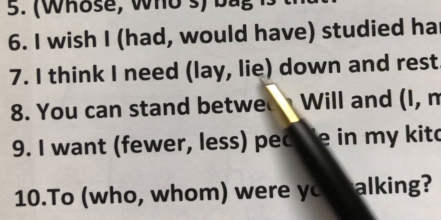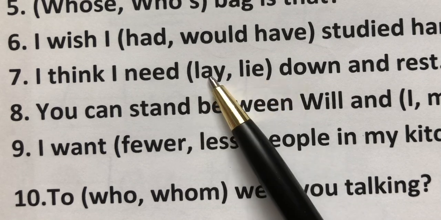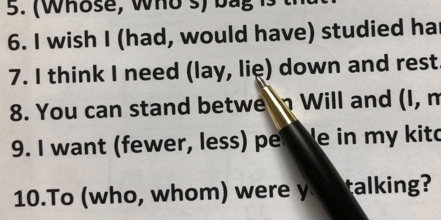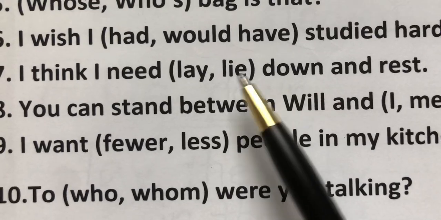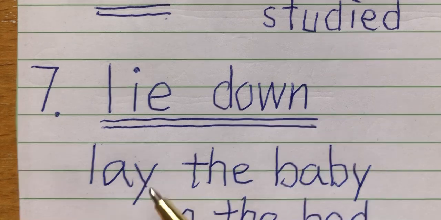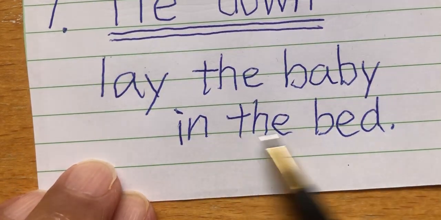You use lie, not lay, because they have different meaning. Lie, you lie down and rest. Lie down. Use this, lie down. If you use lay, that is a sentence like lay the baby in the bed.